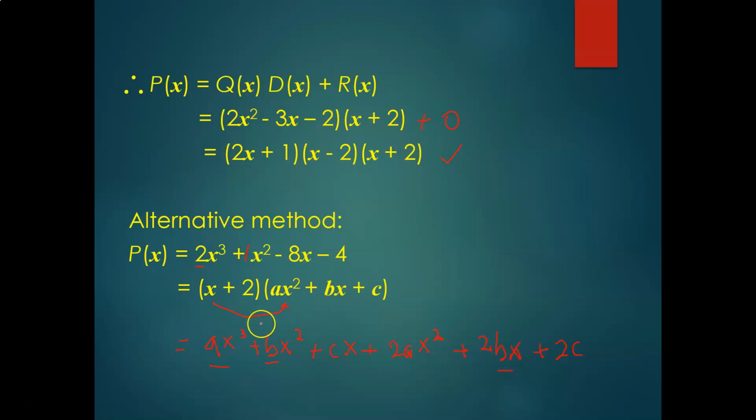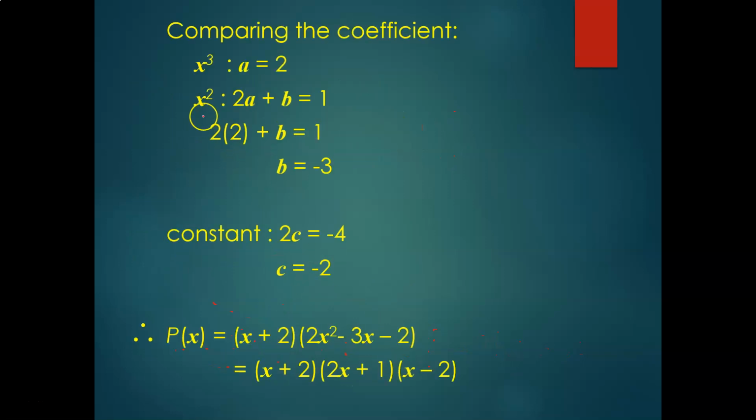So untuk di bawah sini, bx square, you have 1 is actually equal to b plus 2a. 2a plus b equal to 1. So you know that your a is actually 2 just now. So you substitute lah 2 ni ke dalam a. So you obtain your b equal to 3.